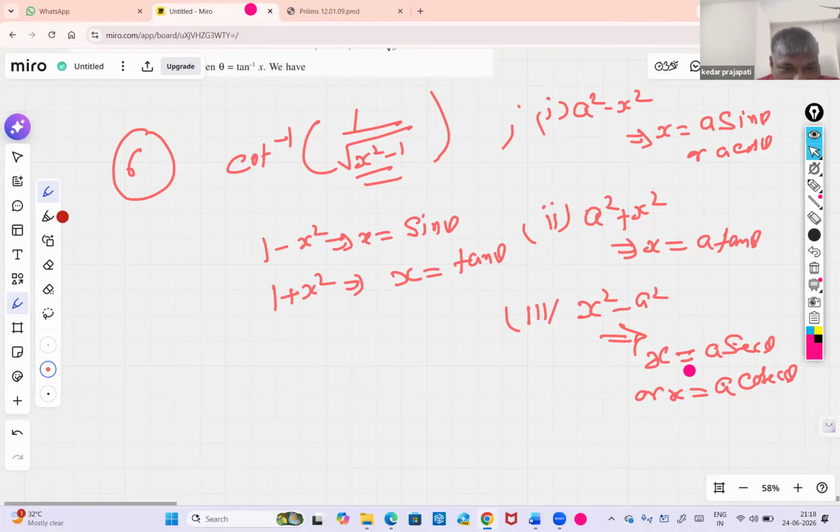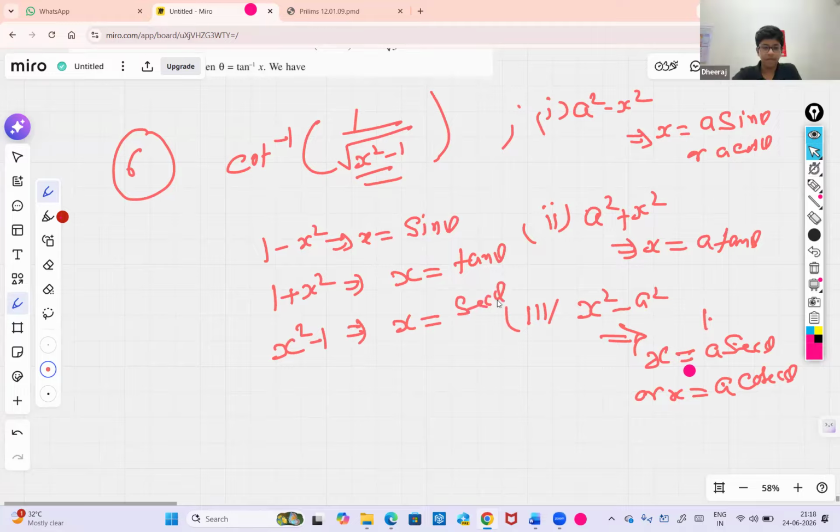Now this time it is x square minus 1, so you'll write x equal to a sec theta, and a is 1 here, so x equal to sec theta. Am I clear?